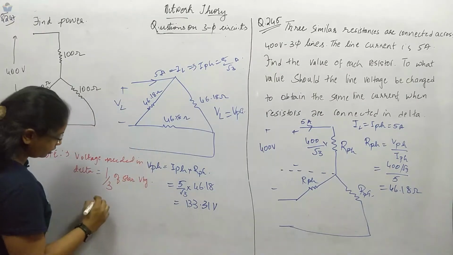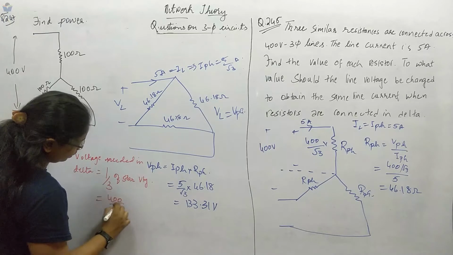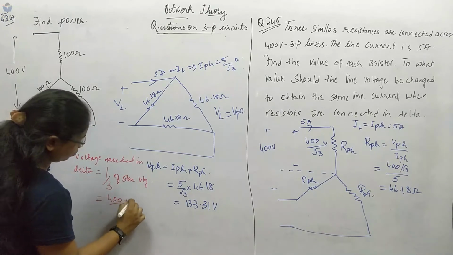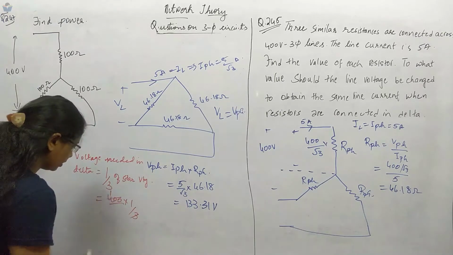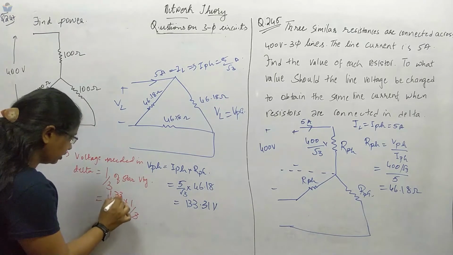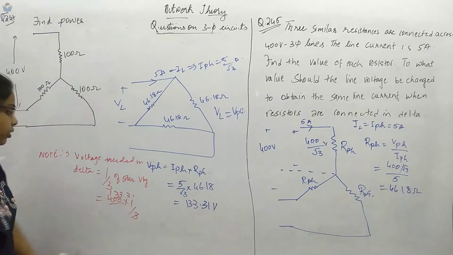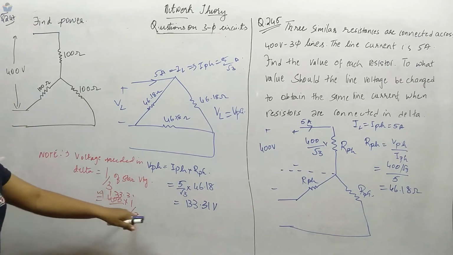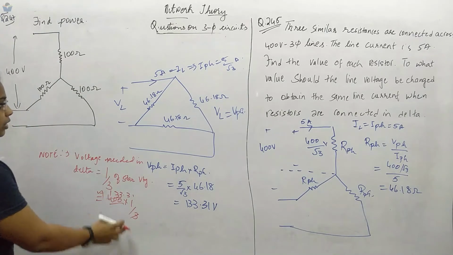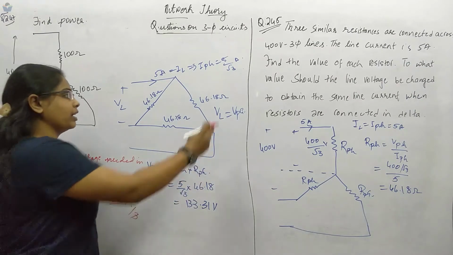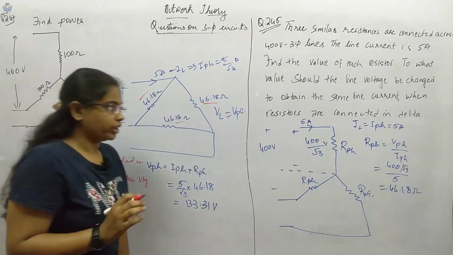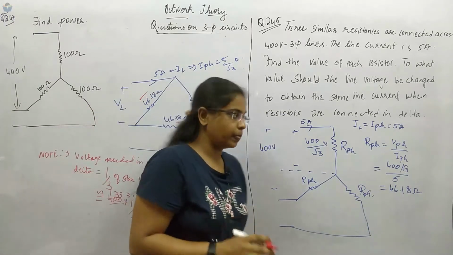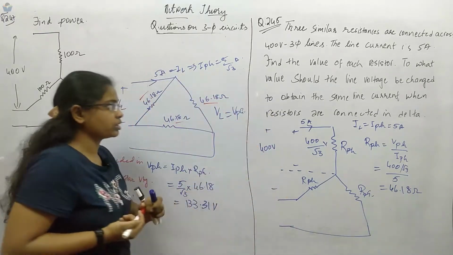So 400 into 1 by 3, approximately you will get 133.31. This is only valid when the values of the resistors are the same, otherwise it's an invalid question. So this is the solution for this question.